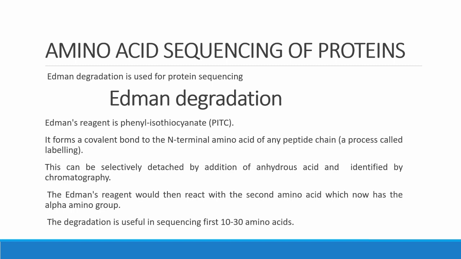Now after this is formed, this compound that is formed between the phenyl isothiocyanate and the first amino acid is then cleaved, or the peptide bond between the amino acid that is bound by the phenyl isothiocyanate and the next one after it is broken down by anhydrous acid.